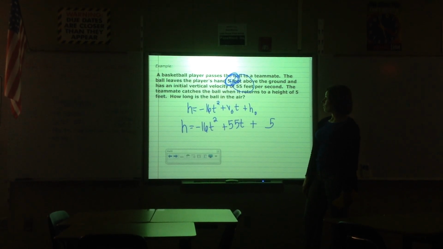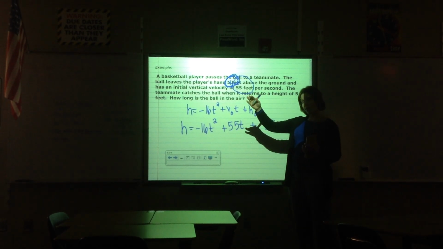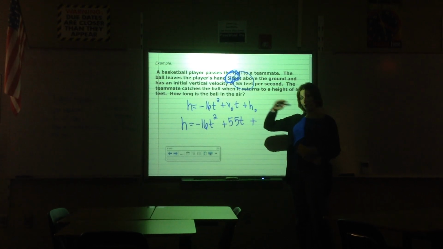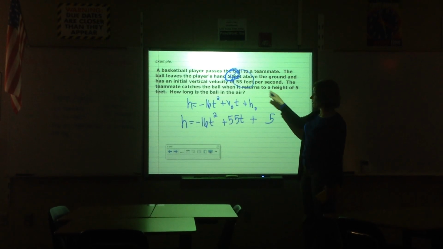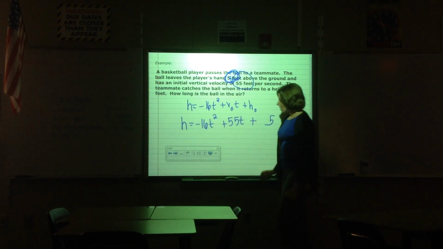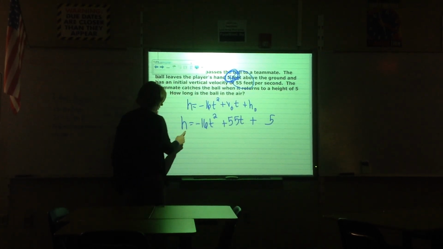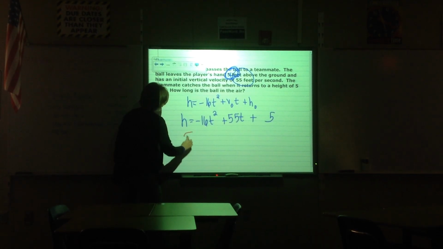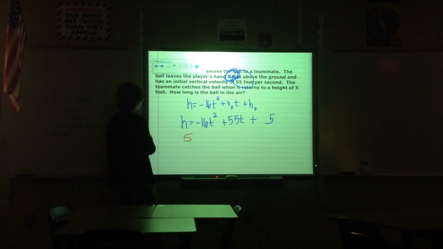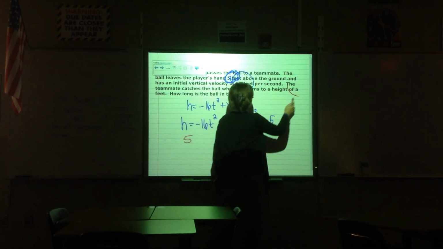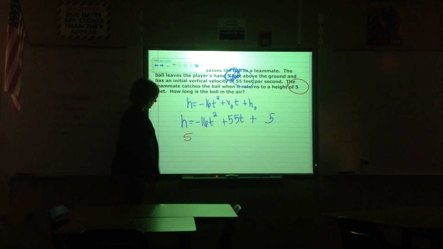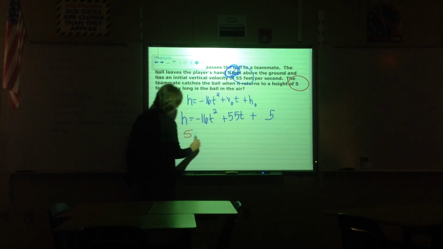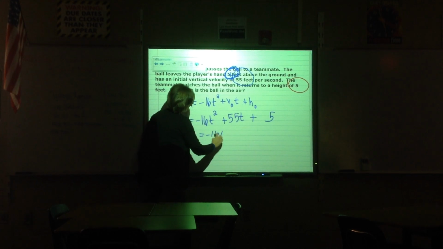Okay? We want to know, though, not when it hits the ground, but when it ends at 5, when it returns to 5 feet. So that's what this h over here is going to be. This h is going to be that 5. Okay? This one. So when you go into solving this, then you just want to solve for t.